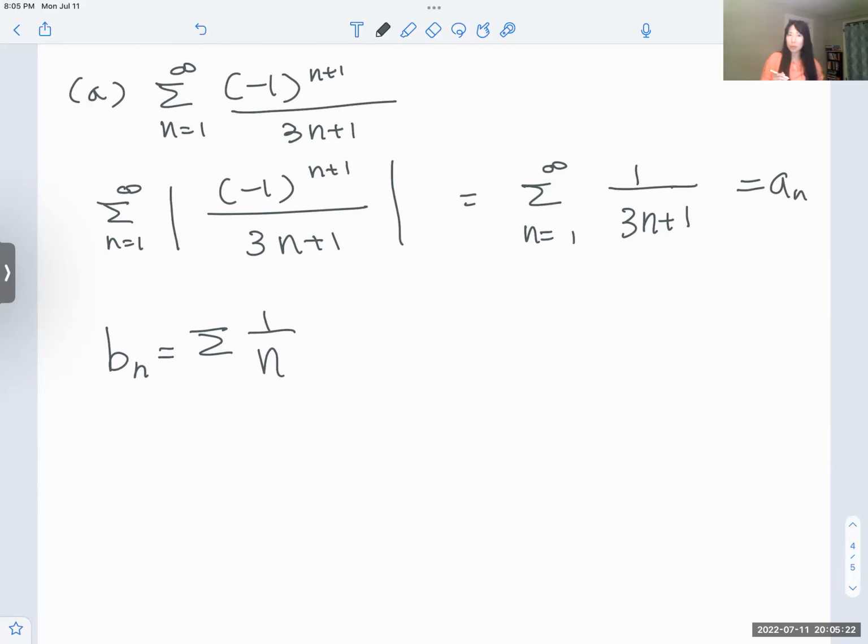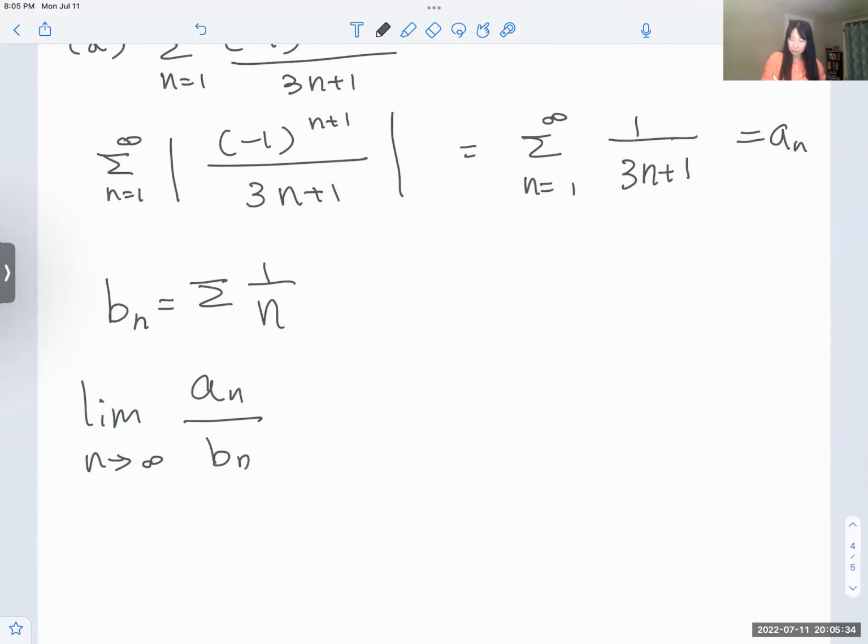We take the limit of a sub n over b sub n.